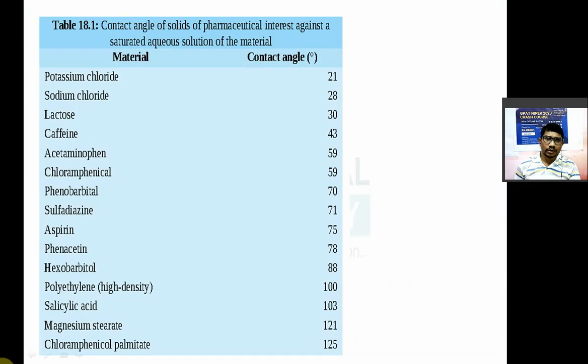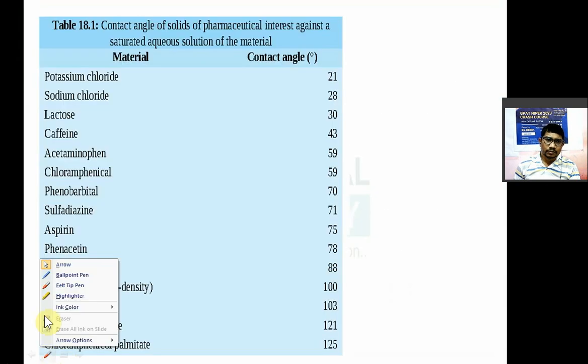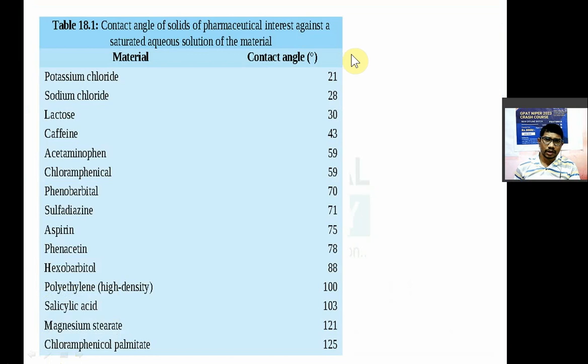You can see over here the contact angle of various solids in pharmaceuticals. The lower the contact angle, the greater the wetting, and that is easily formulated. Materials like potassium chloride, sodium chloride and lactose have a low contact angle, are easily wetted and can easily be formulated into a suspension.